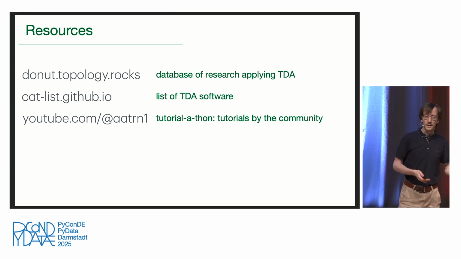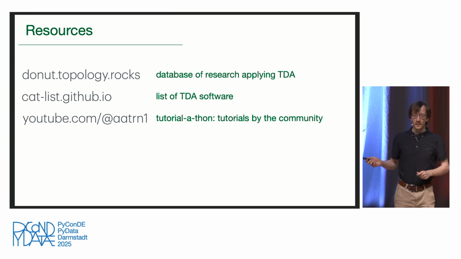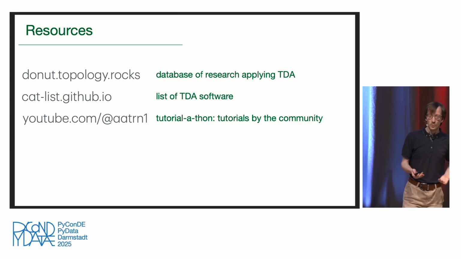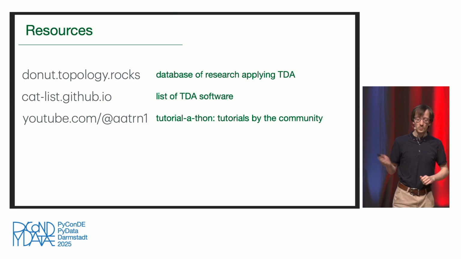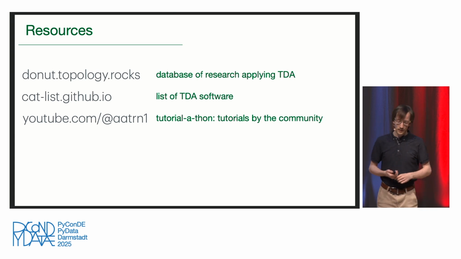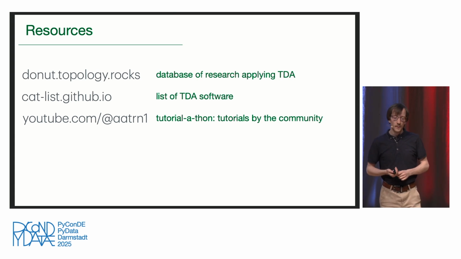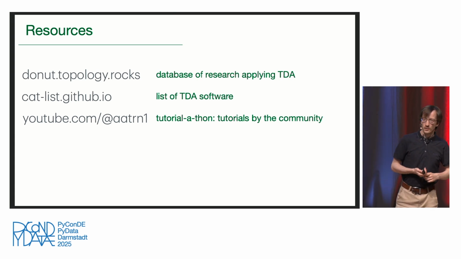Then there's the cat list that I showed you before, a list of software that can be used. There is a fun online community of researchers that try to do also some videos as tutorials. So if you go to this YouTube channel and search for a playlist called Tutorial-a-thon, it's like marathon of tutorials, then you can find a lot of videos that can be very useful if you want to get into this.